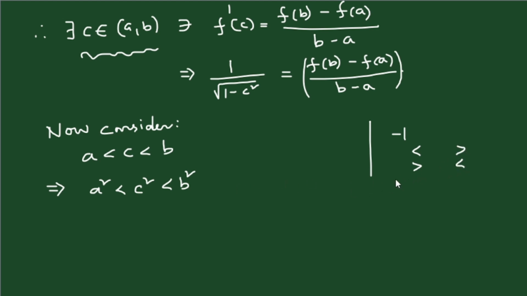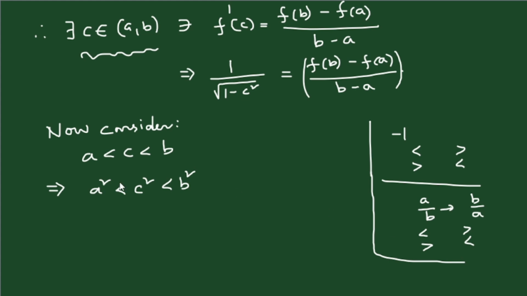And the other thing is, when you take the reciprocal of the entire inequality, then less than will become greater than and greater than will become less than. That means the inequality gets reversed.